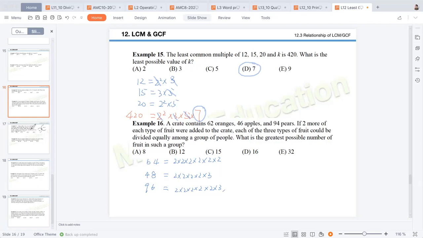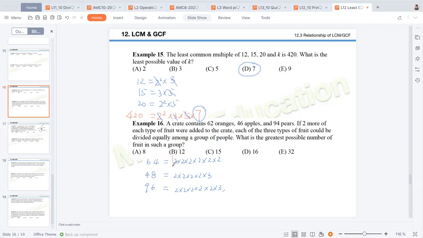Thanks for Eric. Give me the right answer. So I just find the common part. From the question, I know 2 of each type added to them. So 62 was changed to 64, 46 changed to 48, 94 changed to 96.